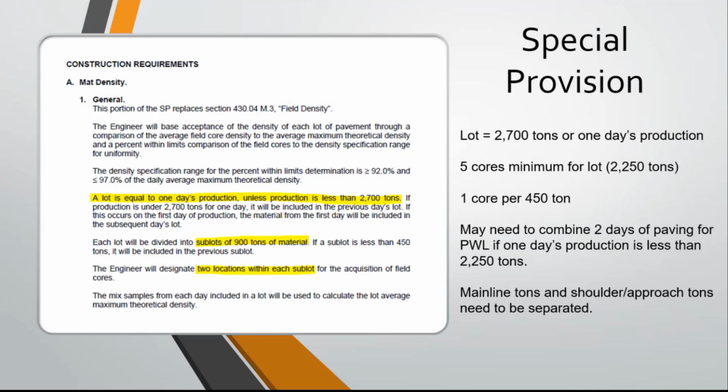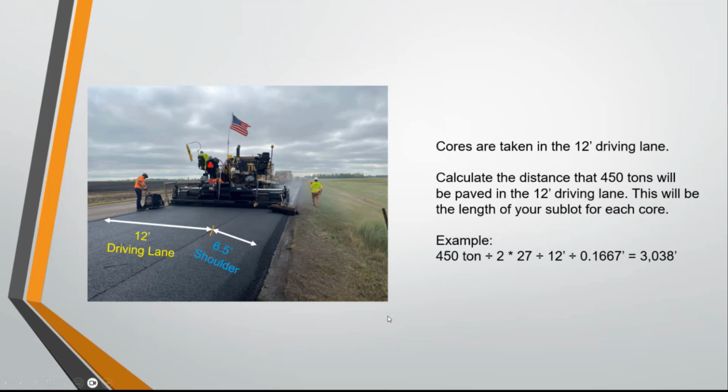In the PWL, the density is like your regular density. You need to have your mainline tons and your shoulder tons separated, unless your SP designates otherwise. Your cores are taken in the 12-foot driving lane. To figure out your sublots, you need to figure out how far you can pave with that 450 ton.